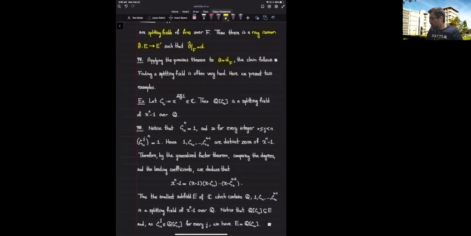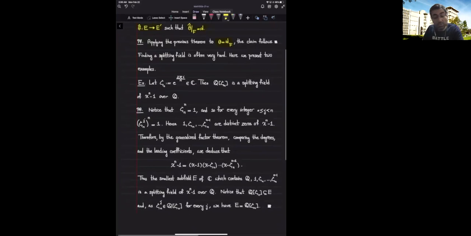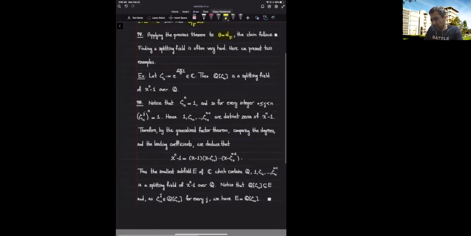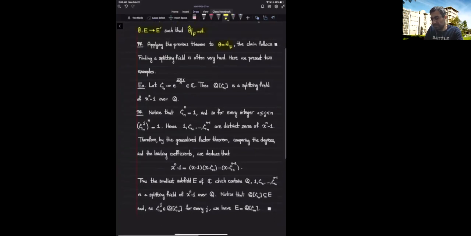So in general, splitting fields are not that easy to compute. But let's see a couple of examples of how we can compute, understand or write down concretely what the splitting fields are.